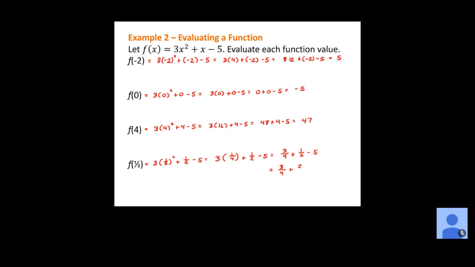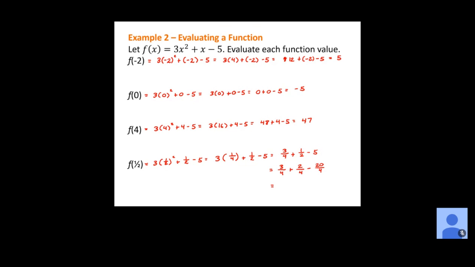It's going to be 2/4. Good. And then the 5, if we write it with a common denominator of 4, what would that be? 20/4.